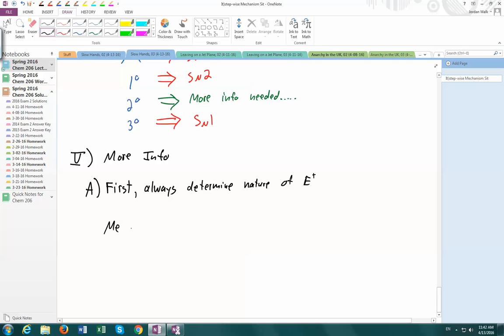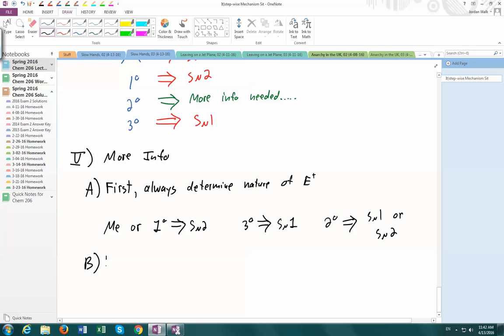So anytime we see methyl or primary, your brain should be in SN2 mode. Anytime you see tertiary, it should be in SN1 mode. And if you see a secondary, well, in that case, we can go SN1 or SN2. We don't have enough information to make that call yet.